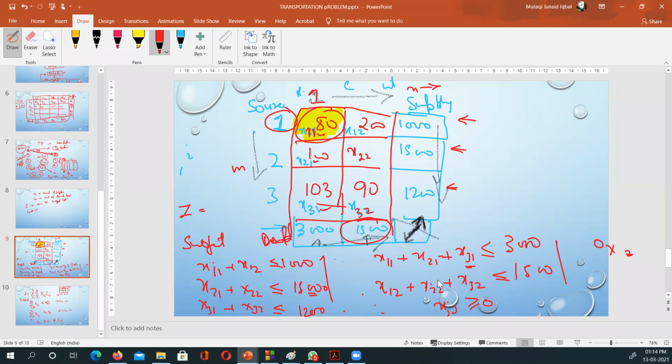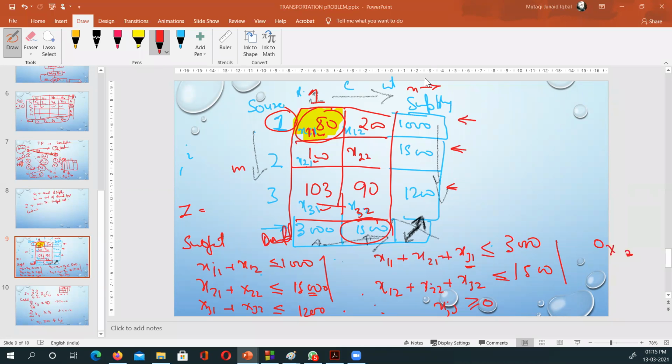So in totality, how many constraints will we have? In total, how many constraints do we have? Can anyone tell me? You should not say 5, because in this scenario it is 5. Somebody is saying 6. Why do we say 6?